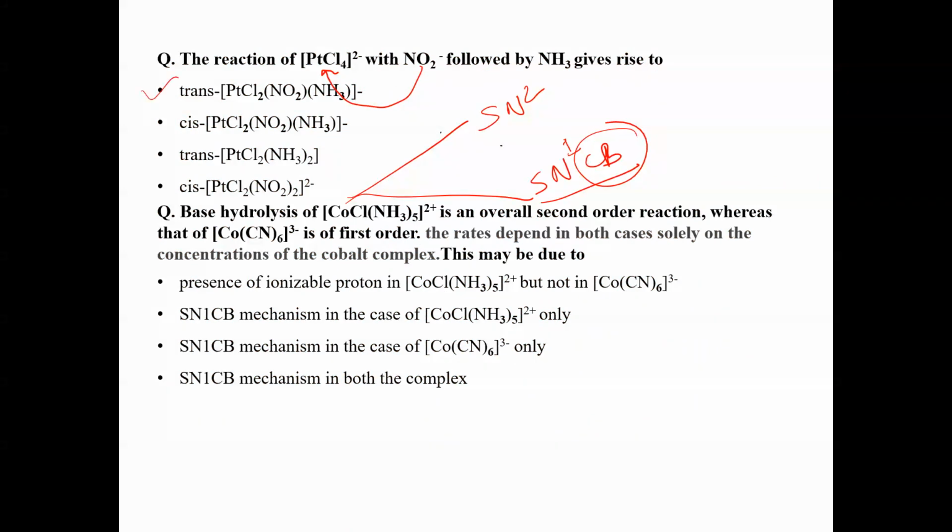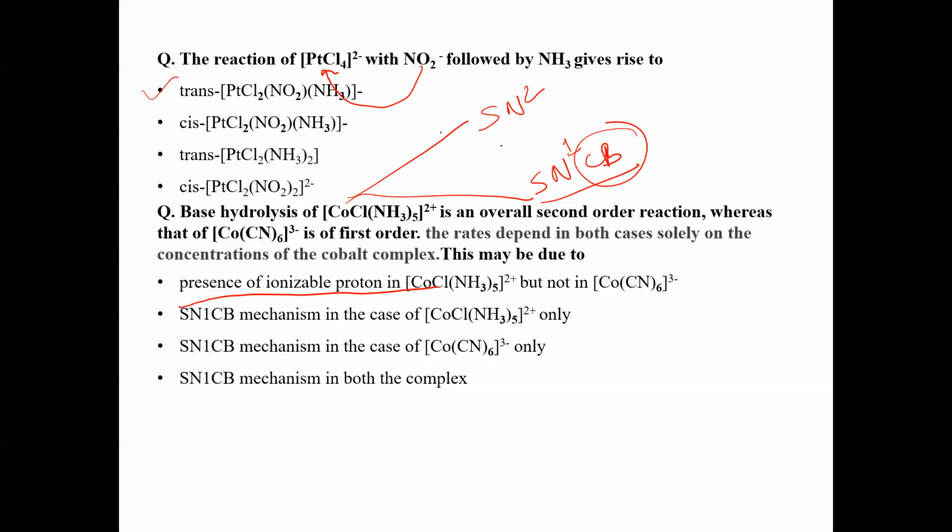And what about the second one? As I have indicated, the presence of an ionizable proton in this complex generally induces this behavior, because at high concentration of hydroxide anion the reaction rate becomes almost independent of OH concentration, and the reaction appears to be first order with respect to the complex ion only. This observation cannot be explained by a simple SN2 mechanism.